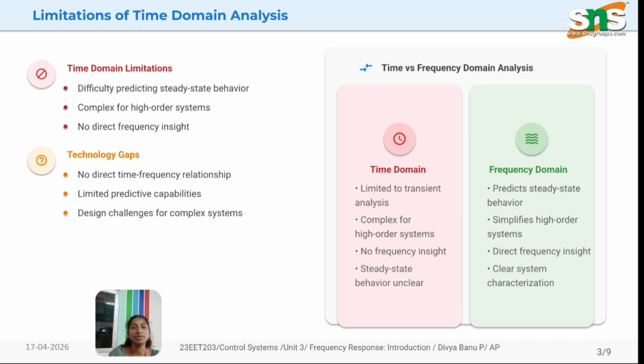Time domain is limited to transient behavior, whereas frequency domain predicts the steady state behavior. Time domain is complex for higher order systems, while frequency domain simplifies higher order systems. In time domain there is no frequency, but in frequency domain there is direct frequency insight. Steady state behavior is unclear in time domain, whereas clear system characterization is done using frequency domain analysis.